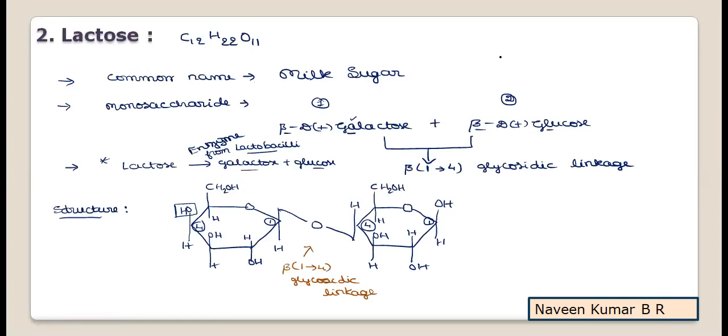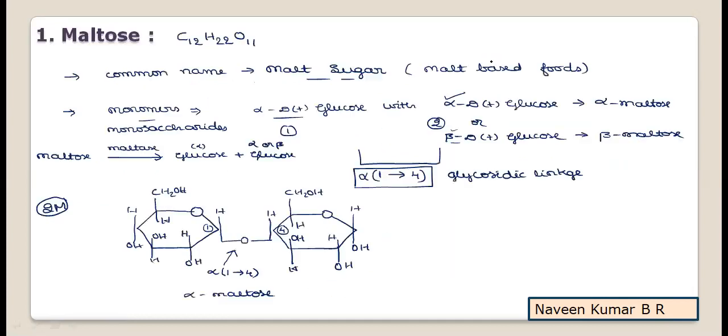Lactose, as a disaccharide, is a dextrorotatory sugar, hence it is dextrose. Similarly, maltose as a disaccharide is also a dextrose. Why I am giving this information is because we'll try to learn why sucrose is called invert sugar.